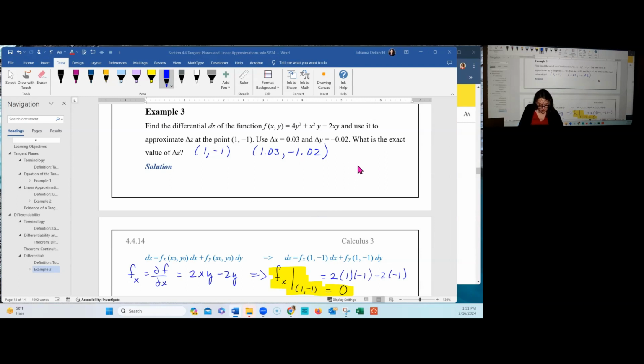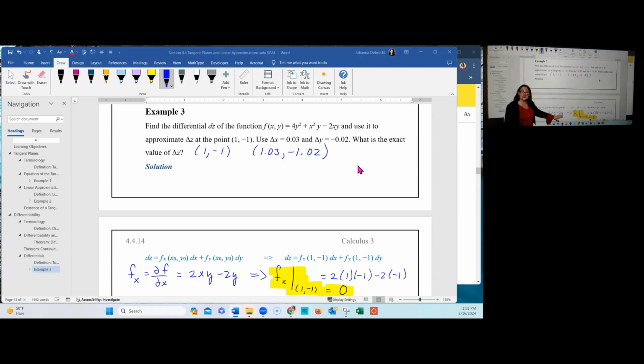The first thing that we need to do is find the first partials with respect to x and with respect to y and evaluate them at 1, -1. In this case, the first partial with respect to x is 2xy minus 2y.